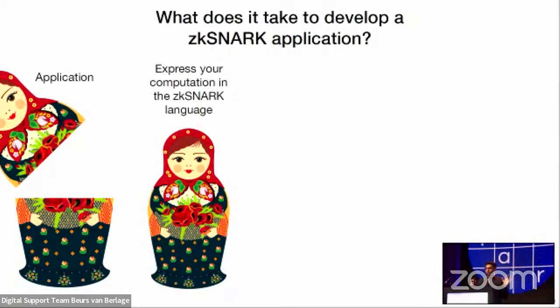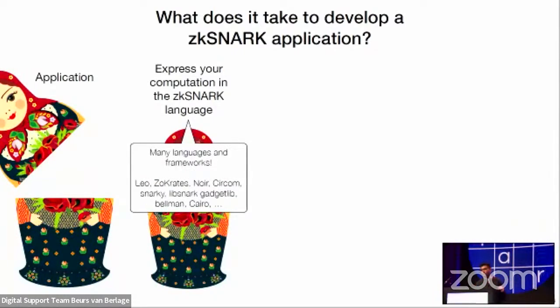Now, you don't really want to write your computation directly in the algebraic constraint system. And thankfully for us, people have developed a number of languages and frameworks which allow you to express your computation in a high-level manner. And that high-level computation then gets compiled down to constraint systems behind your back.